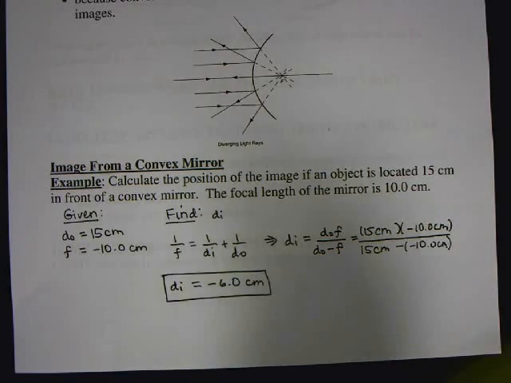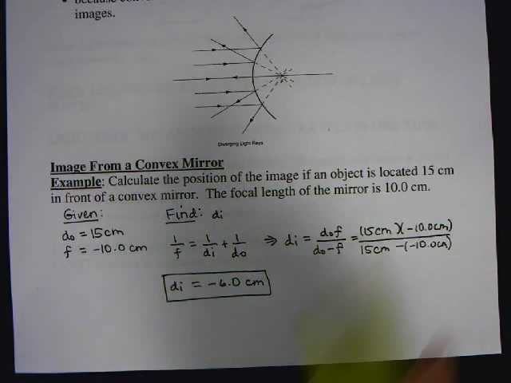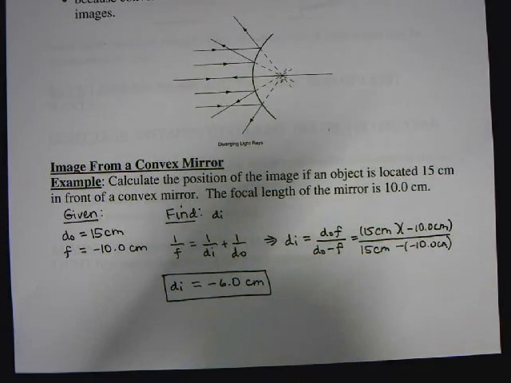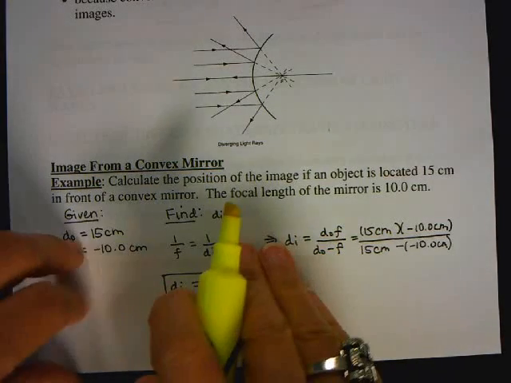So again, we're going to be using our same equation, 1 over f is equal to 1 over di plus 1 over do. Remember, we don't want to just memorize the equation. Even though in this example I jumped from here to here, today when we do a sample problem, we're going to go through all our intermediate algebra steps in order to rearrange the equation to solve for the unknown in terms of the known.